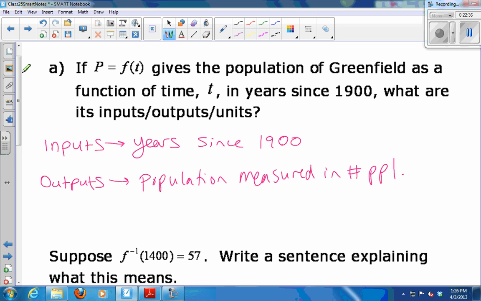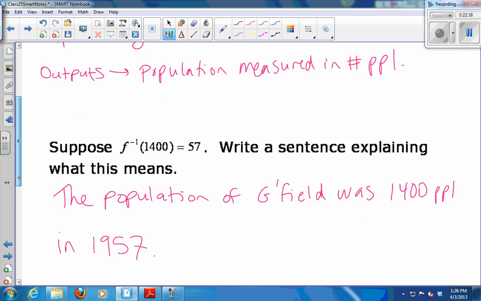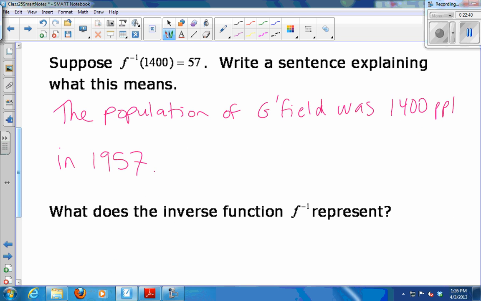No, not always. When you're using an inverse, here we are assuming that the function is one-to-one, that for each year there is a unique population, right? That the population didn't hit 1,400 again sometime in the 60s or something.